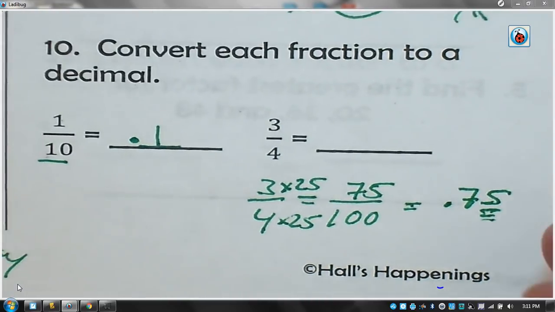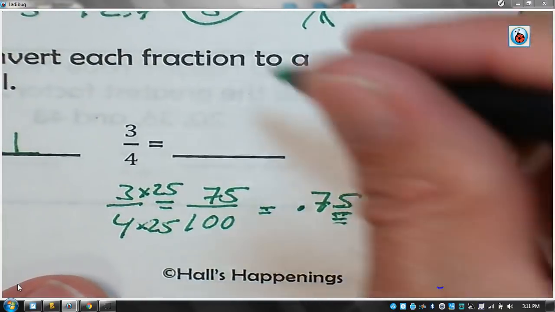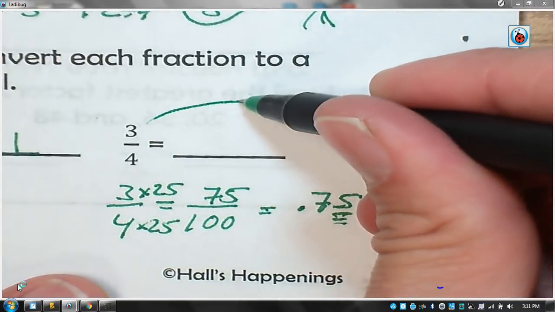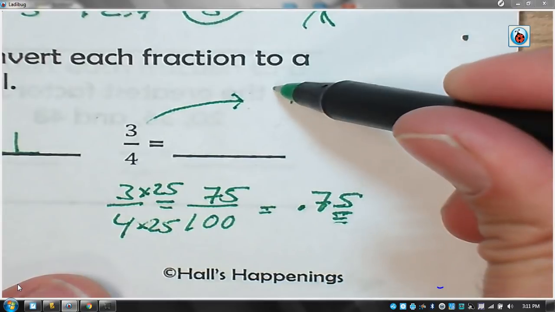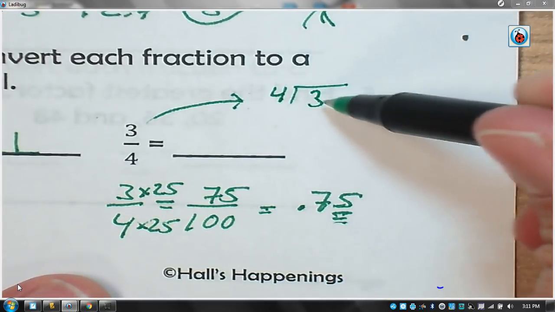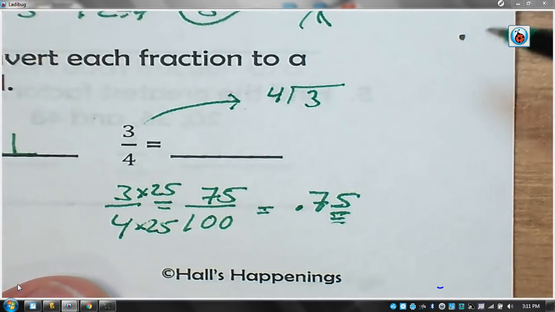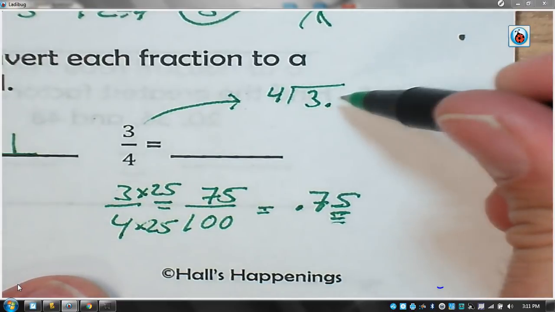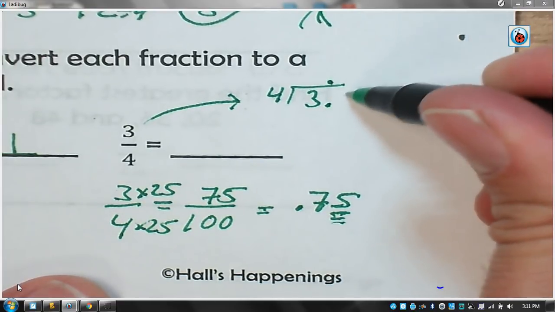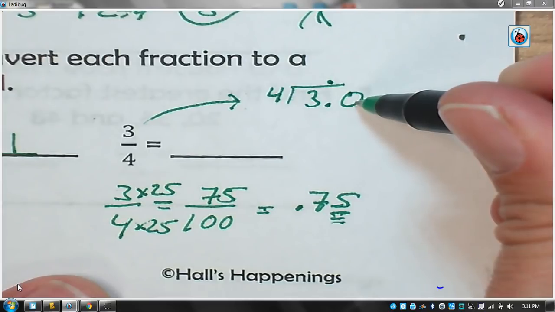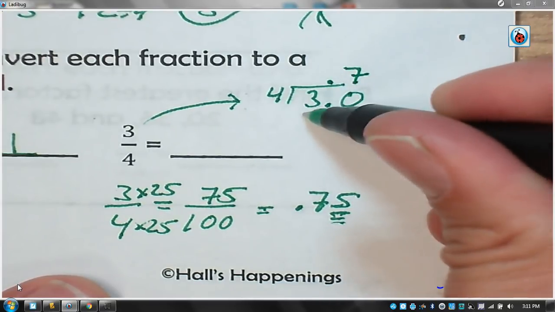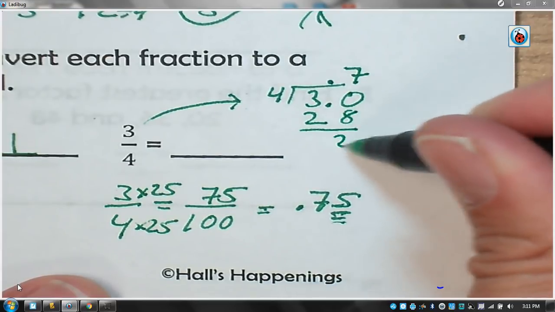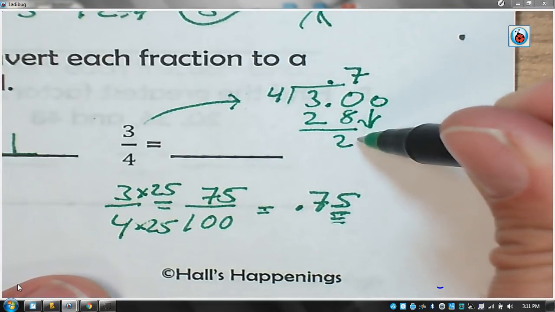Or if you don't like that, you can actually divide it, because we talk a lot about how fractions are division problems. So 3/4 becomes 4 into 3. You can't do that, so we have to add a decimal, and we add a 0. Can 4 go into 30? Sure it can, 7 times, because 7 times 4 is 28. Subtract that, you got 2, add a 0, bring that puppy down.